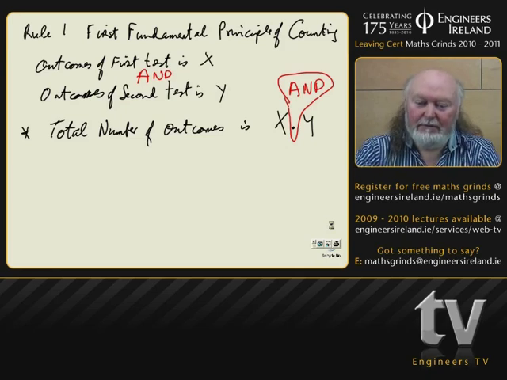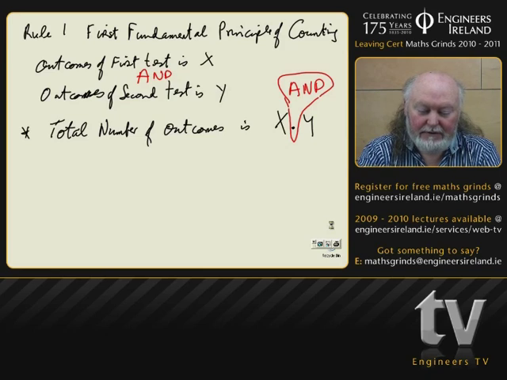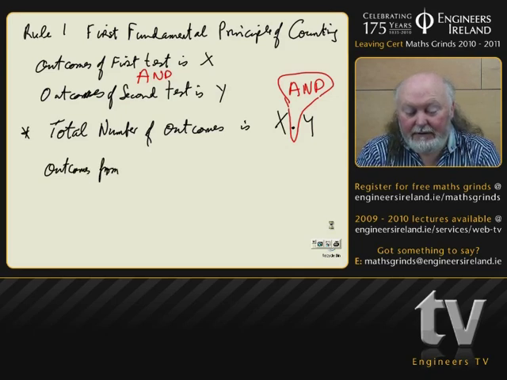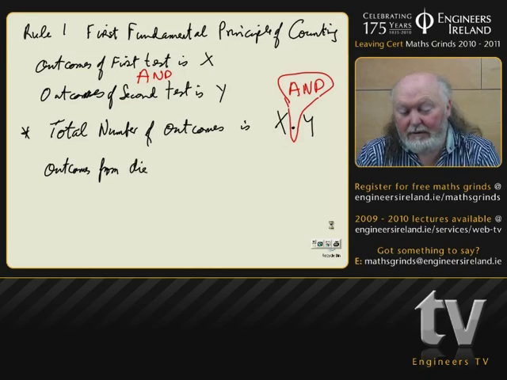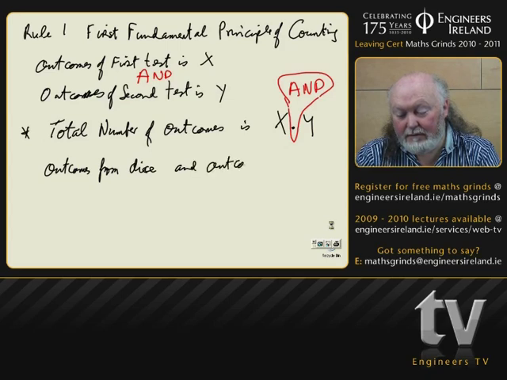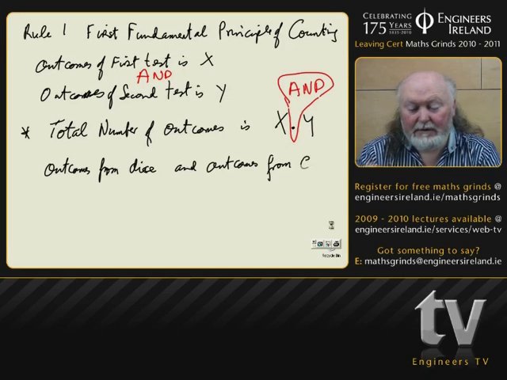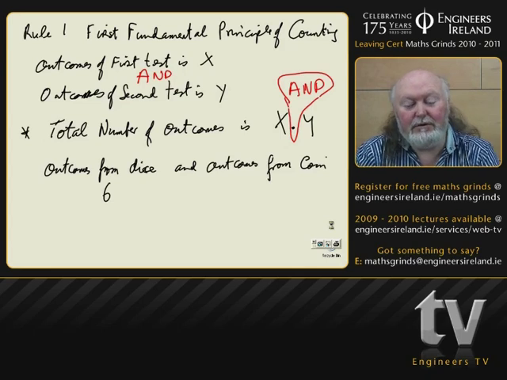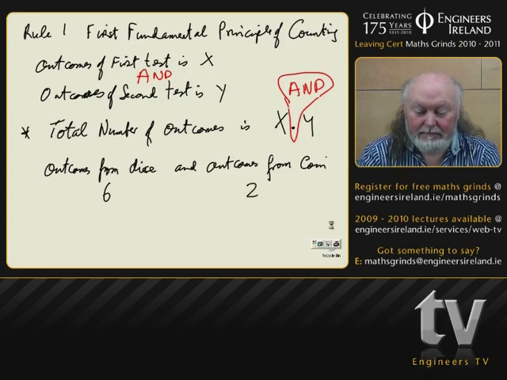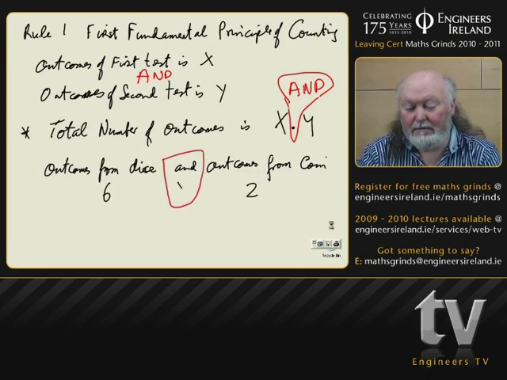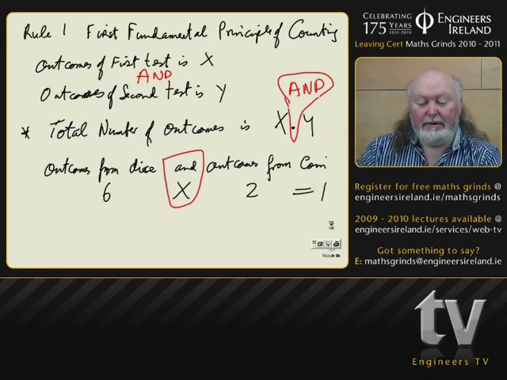The total number of possible outcomes under those circumstances is outcomes from the dice and outcomes from the coin: six possible outcomes from the dice, 2 possible outcomes from the coin, totals 12.